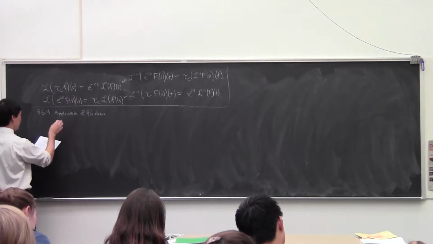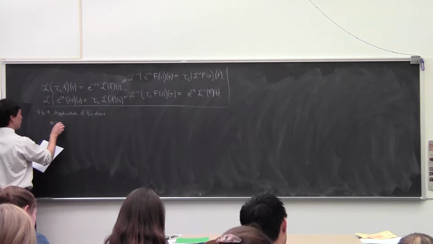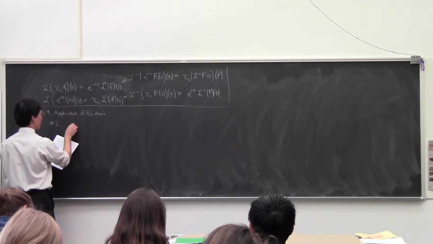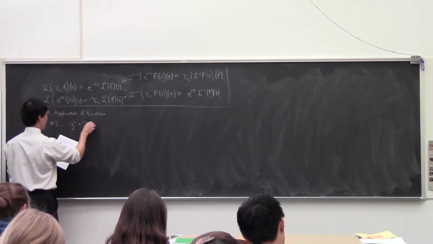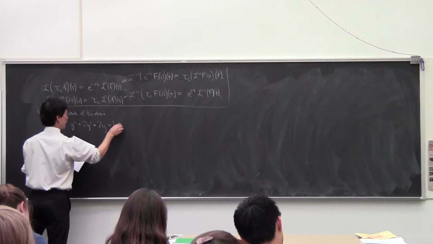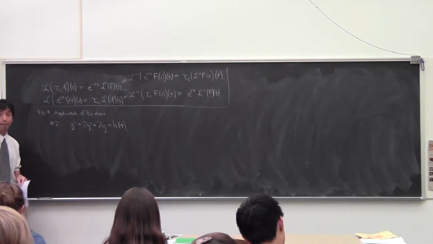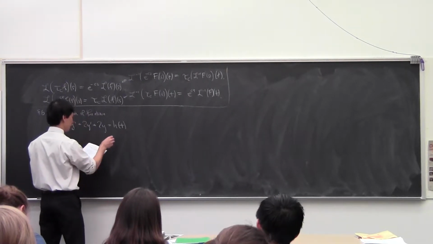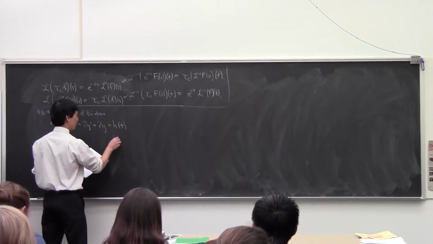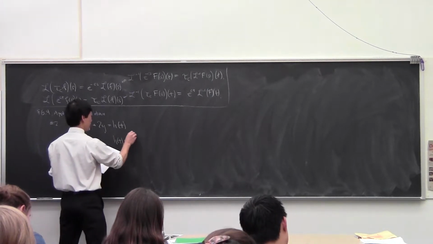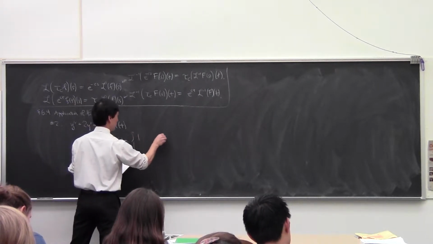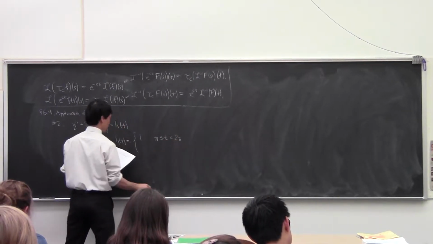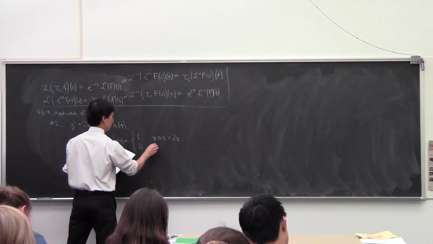So here's the example. Here is problem 2 from the homework. You have an initial value problem, y double prime plus 2y prime plus 2y equals h of t. And h of t is bad in the sense that h of t is going to be 1 for t between pi and 2 pi, and it's going to be 0 otherwise.